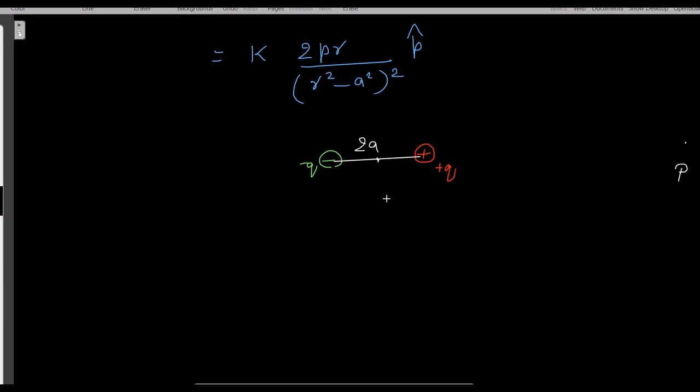So this distance I just mention as R. So here we know the R value is very large compared to a. a is small, R is very large.